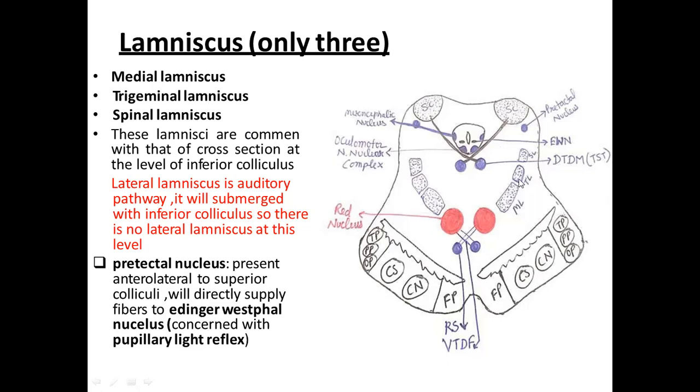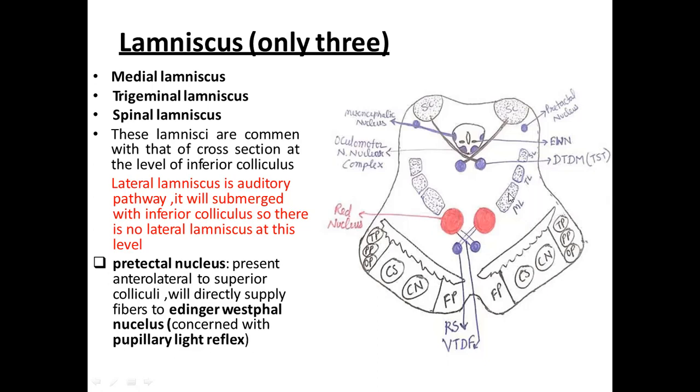In this diagram, we can make them out. The lateral lemniscus is the auditory pathway. It will submerge with the inferior colliculus. So there is no lateral lemniscus at this level. You don't find any lateral lemniscus at this level.